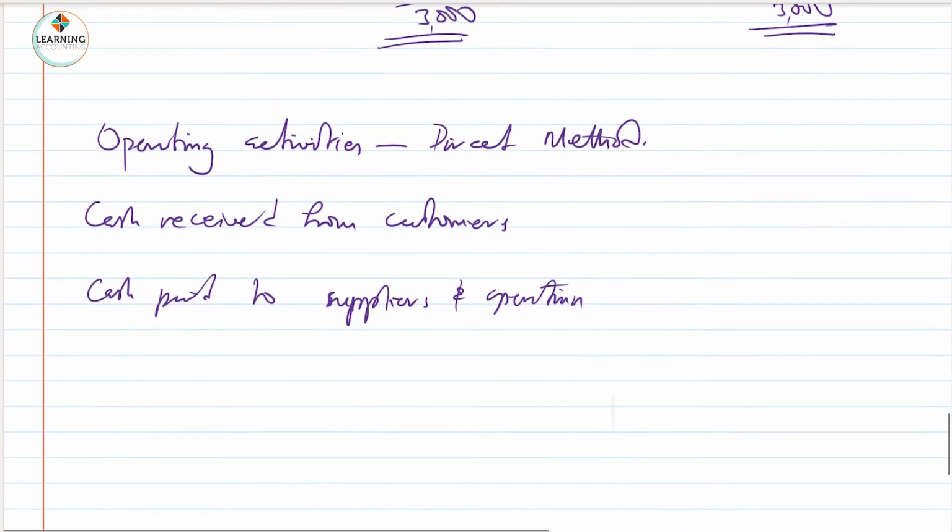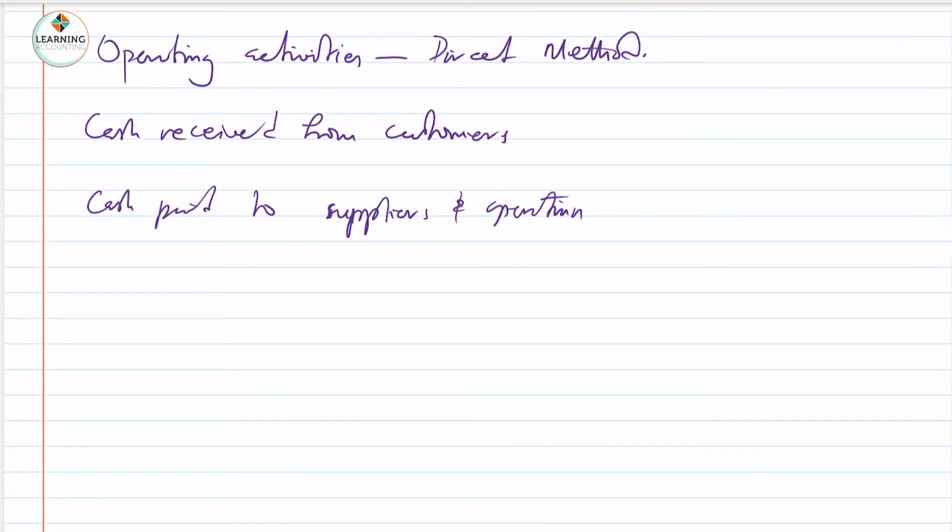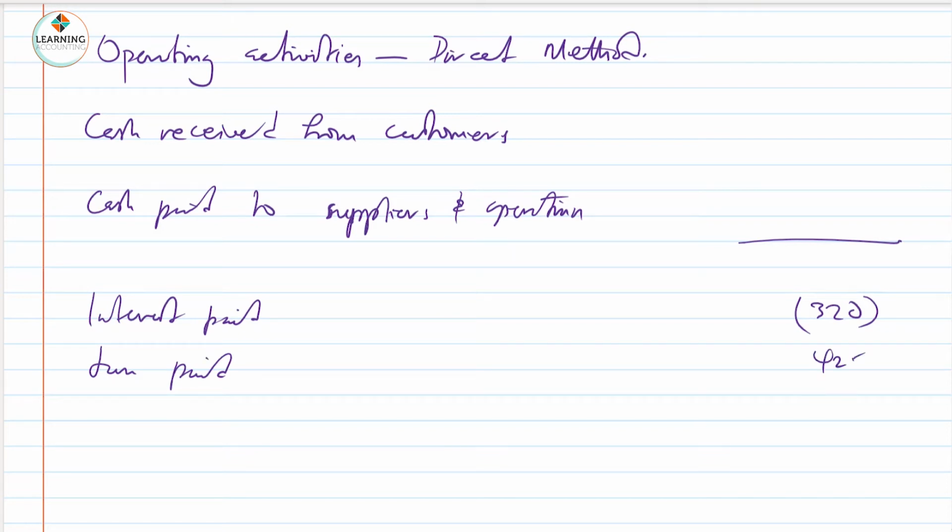Okay, so that would need some workings as well, and then we can be deducting interest paid, which we've already determined to be 320, and we can also deduct tax paid, which we've also calculated to be 425. So that's not really a big deal.